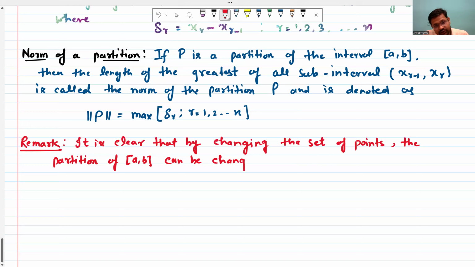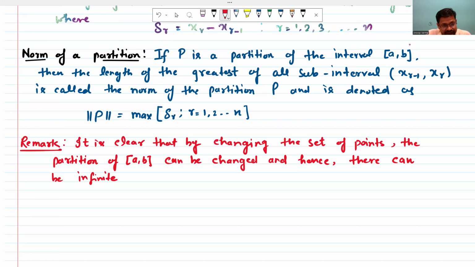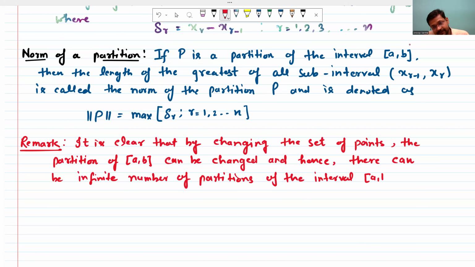If you change the points, the partition will also change, and hence there can be infinite number of partitions of the interval a comma b. Okay.